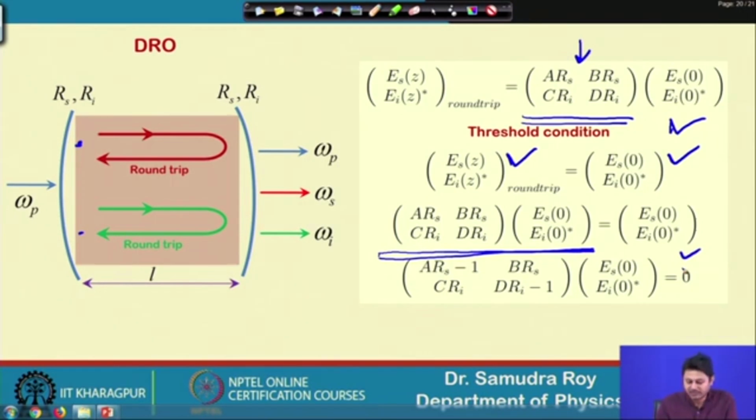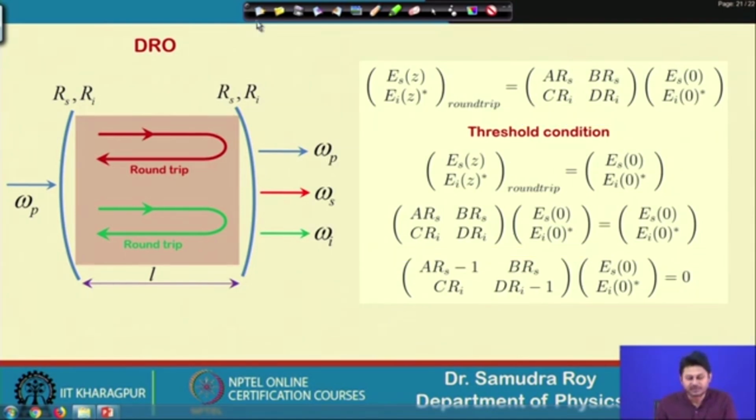From this expression I can now have A RS minus 1 B. If I bring it to this side and do the related algebra, I will have an expression something like this. This matrix expression suggests that if I need a non-trivial solution, then the determinant of this quantity has to be 0.